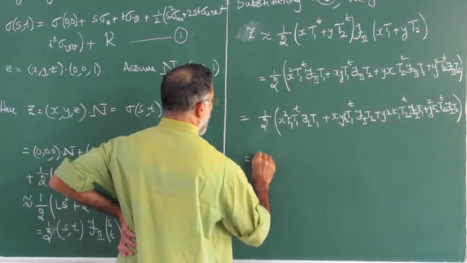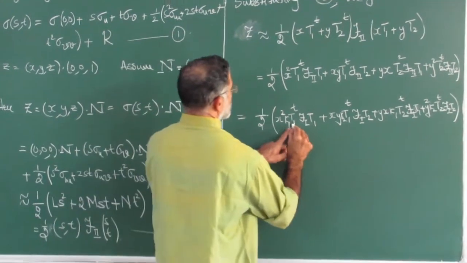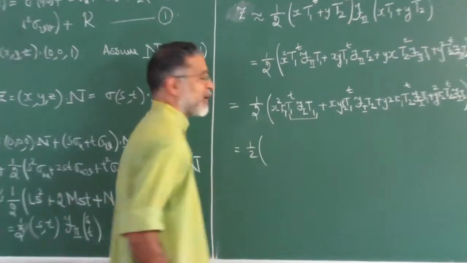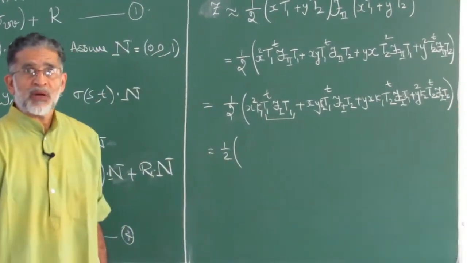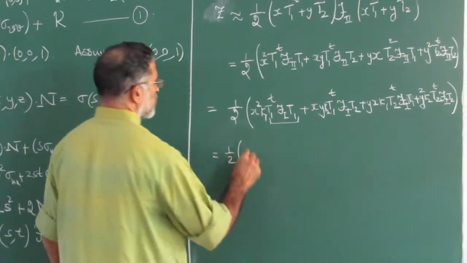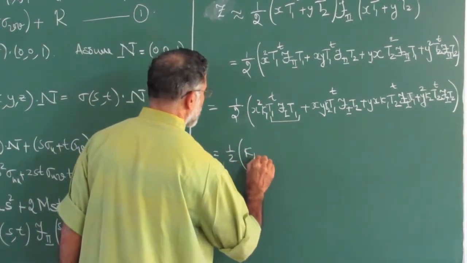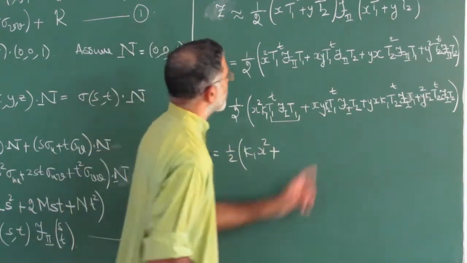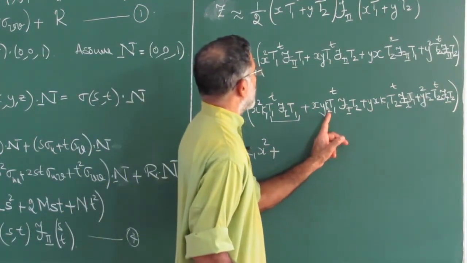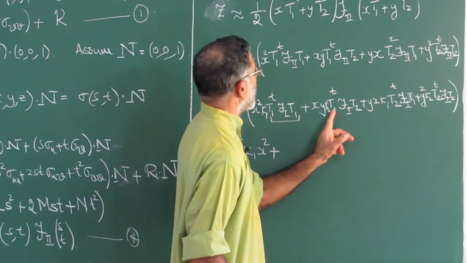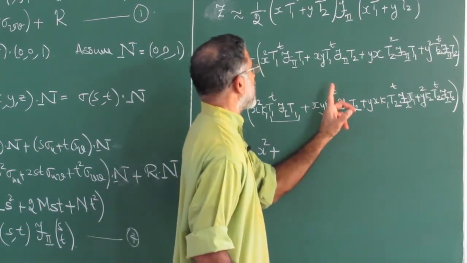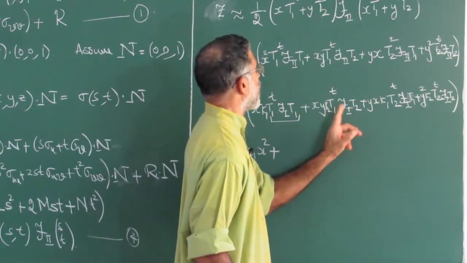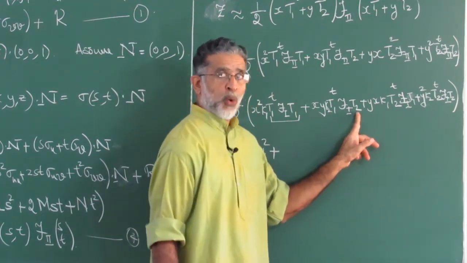Let us see. Half. What is this? T1 transpose f1 t1 is t1 dot t1, the dot product, that's 1. So this is equal to, let me write as like this, kappa 1 x square plus, what will be this? Kappa 2 xy, t1 transpose f1 t2 is the dot product of t1 and t2, that is 0.